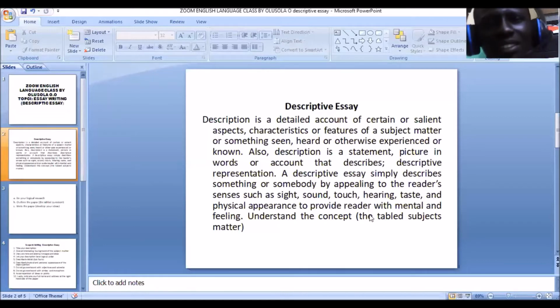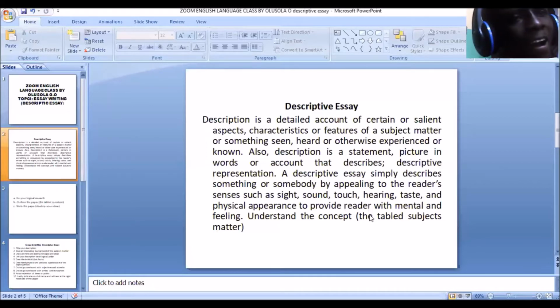Physical appearance. So in a descriptive essay, you are advised not to leave any question in the mind of the examiner or the reader. It means that your essay must answer every question that may likely come to the mind of the reader or the examiner, and so on and so forth.